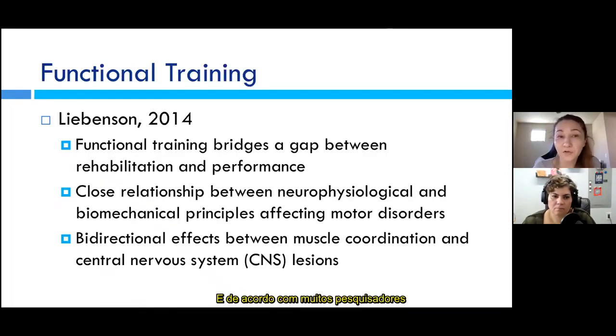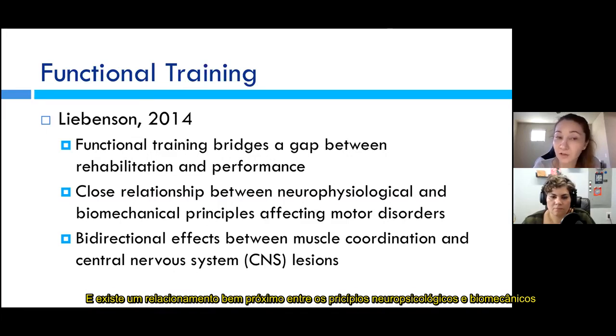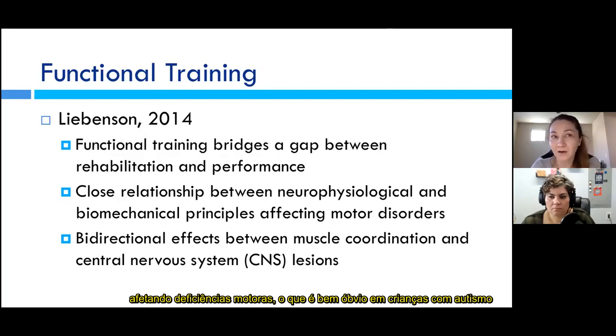And according to many researchers, functional training in general is able to bridge the gap between rehabilitation and performance. And there is a very close relationship between neuropsychological and biomechanical principles affecting motor disorders, which is very obvious in children with autism, because that affects so many different areas that are linked to biomechanical principles.